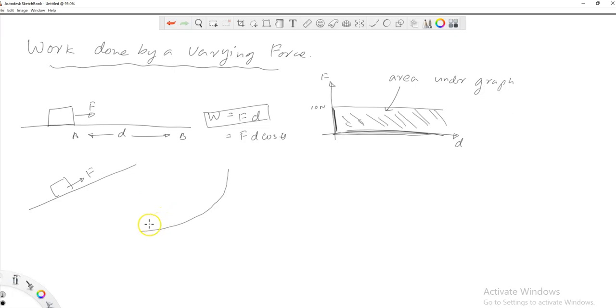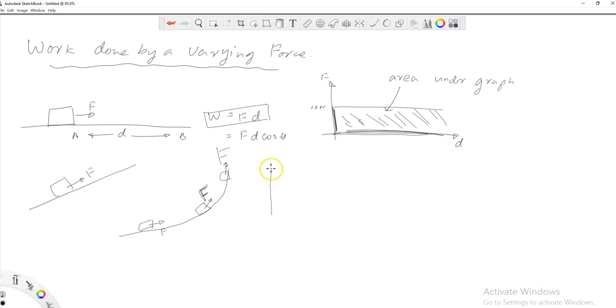So if you are moving a box up this weird looking ramp, you have to apply some force. Over here, you have to apply a bigger force because you are climbing a steeper hill. Over here, the force gets bigger, right? Over here, force is even bigger. Here's an example. Force is increasing.